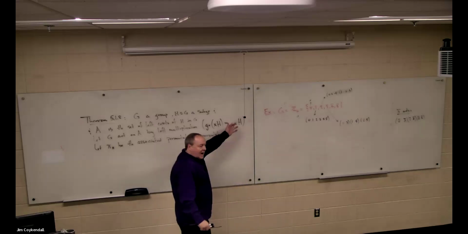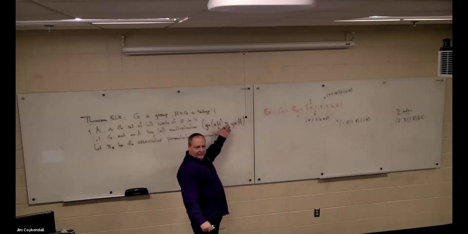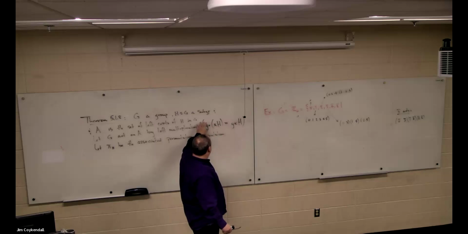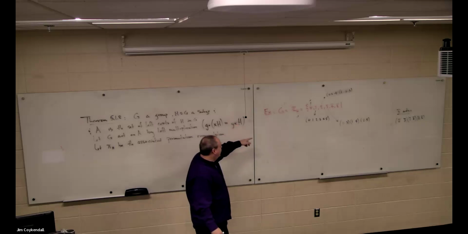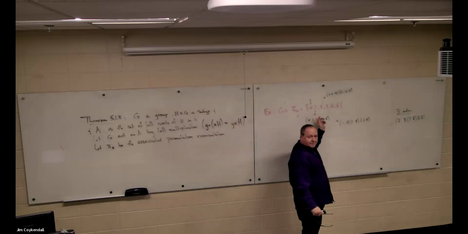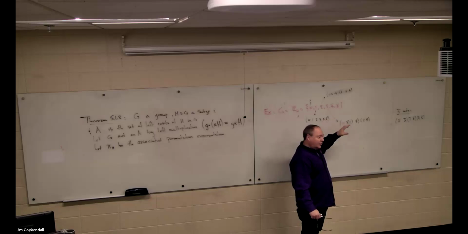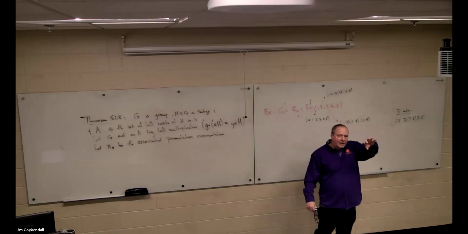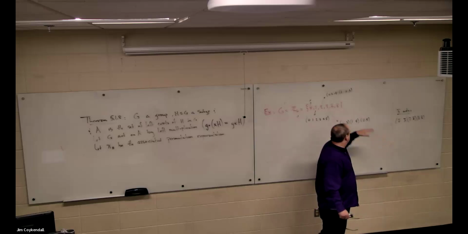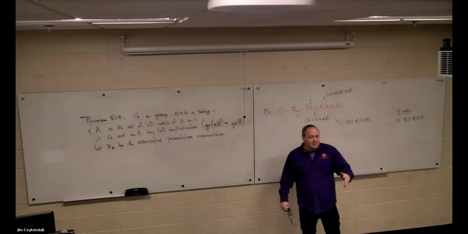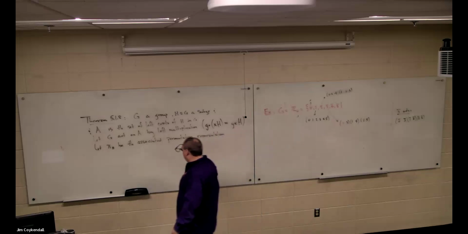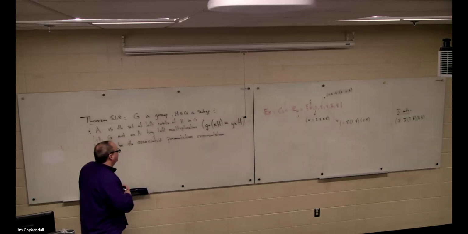What do I mean by this? I just take my left cosets, all these xH's, and I act on it by G, and I check out its orbit, and I just write down what the permutation is, just like I did here. So I start with xH, I act by everything in G. It makes a little kind of cycle, or maybe a product of cycles, and I get this associated permutation representation.